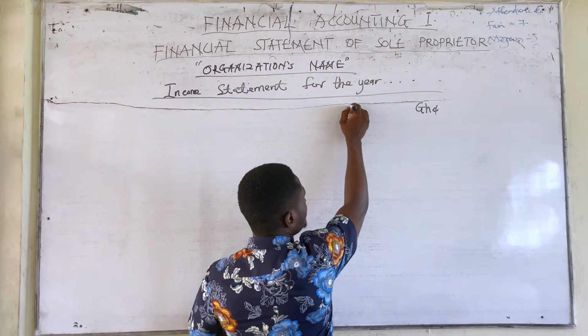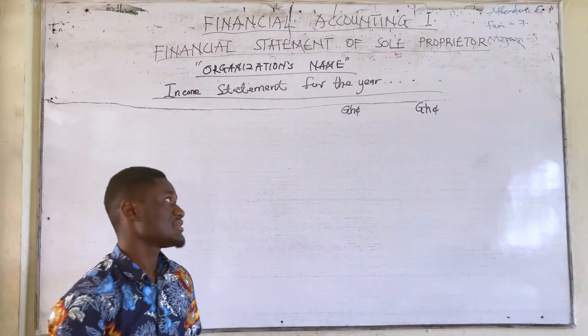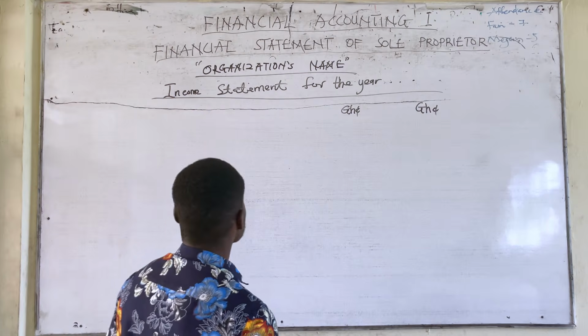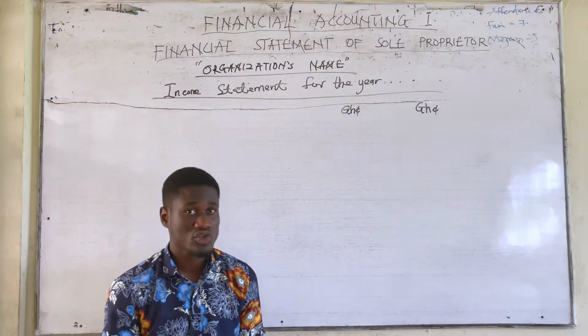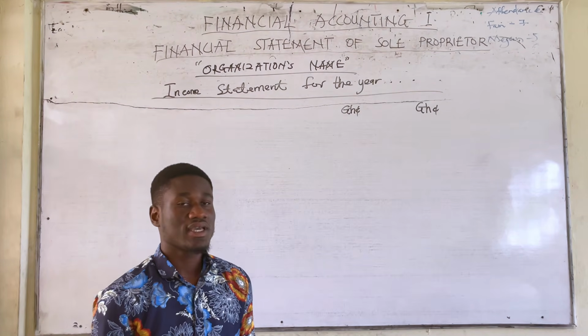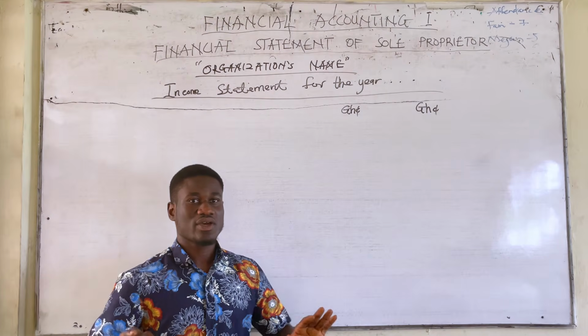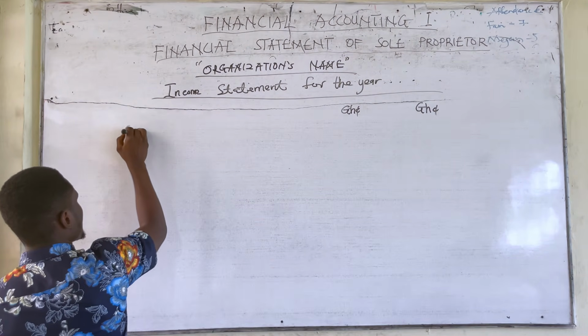If it was dollars, you show your dollars. Good. What you have to start with in the income statement is your sales. So it's just about knowing the format. Just put the format in your head. That is it. So you have your sales here.